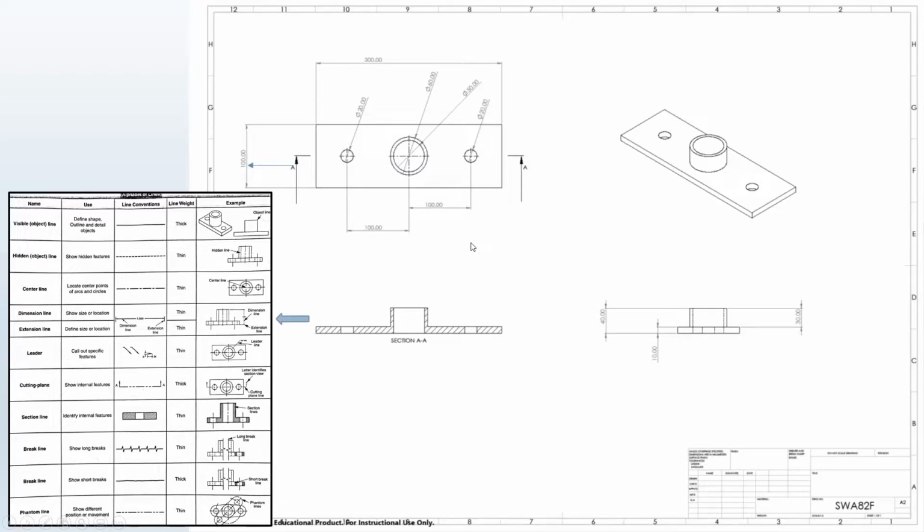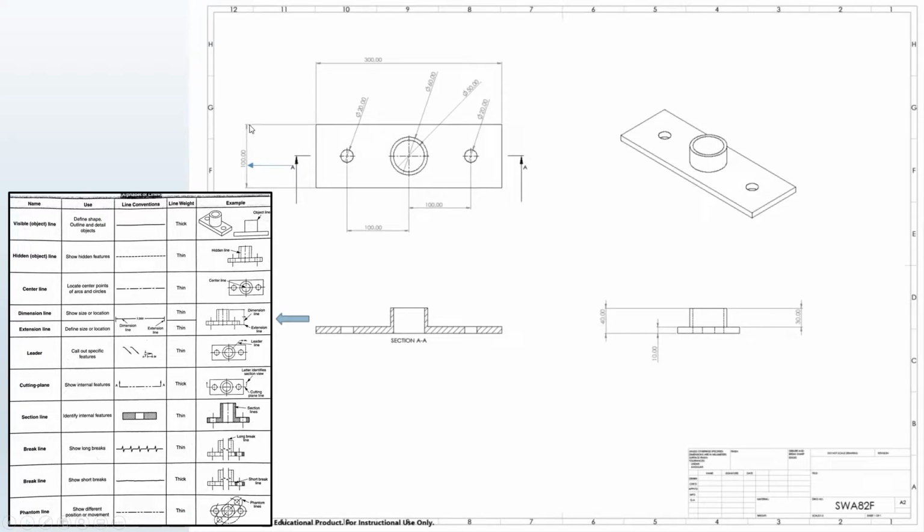Next we're going to look at our dimension lines and our extension lines. It's two sets. Our dimension line is this line right here. It has arrows on both sides and a value. In this case, we're dealing with millimeters. This line goes from your extension line to your extension line of where it's being measured.